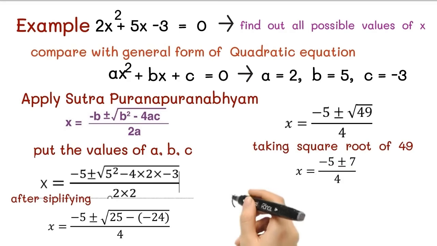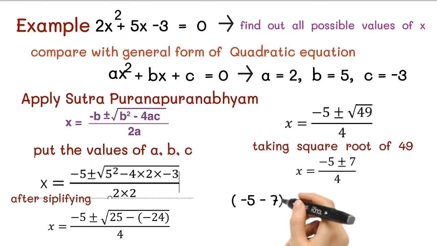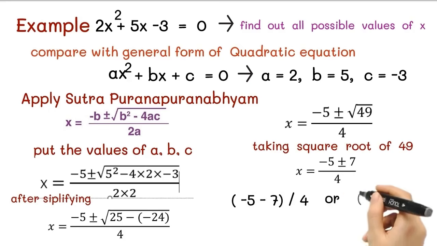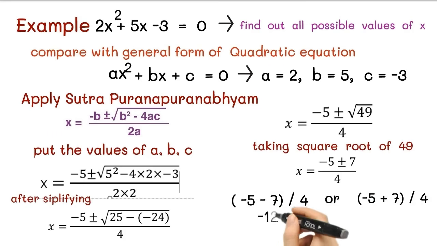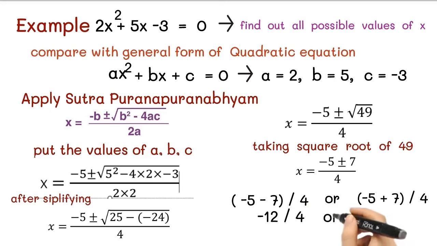So we will write minus 5 minus 7 upon 4 or minus 5 plus 7 upon 4. So we get minus 12 upon 4 or 2 upon 4. That means minus 3 or 1 upon 2. And this is the solution or root of the given quadratic equation.